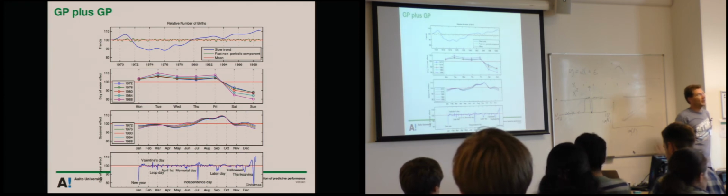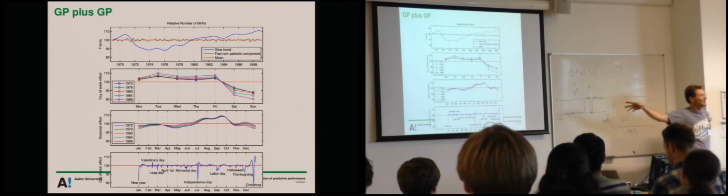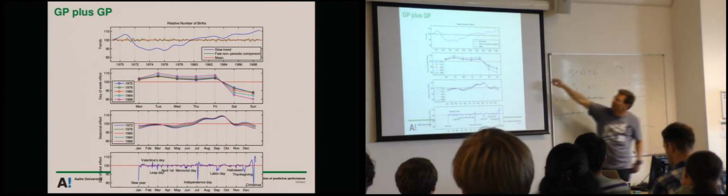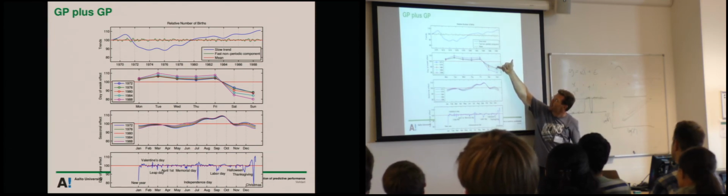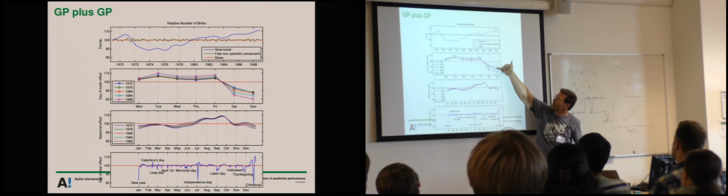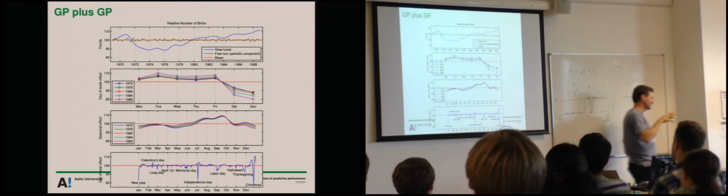And it's quasi-periodic, because the shape can change in time. Like in this, you can see that at different years, the shape of this weekly periodic component is changing, so that it has limited memory.